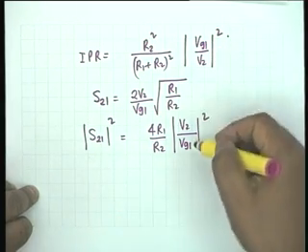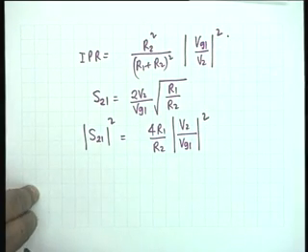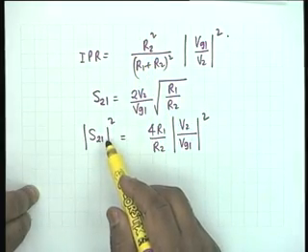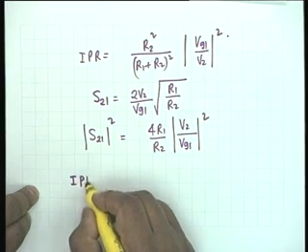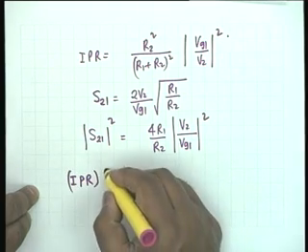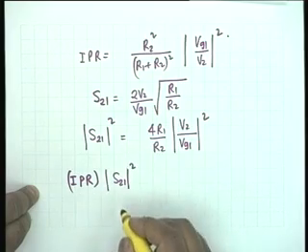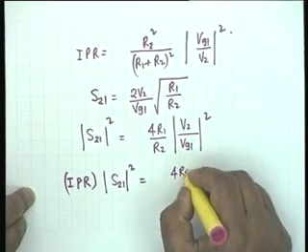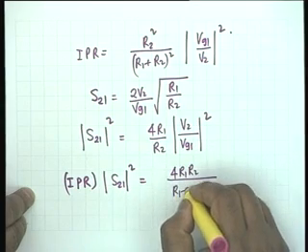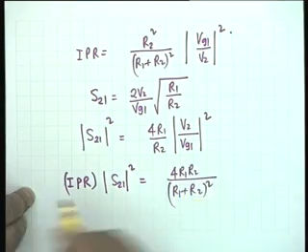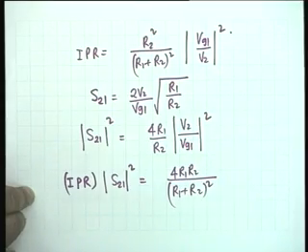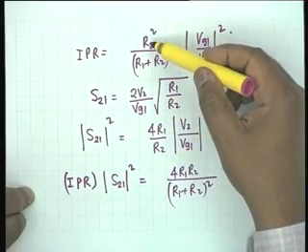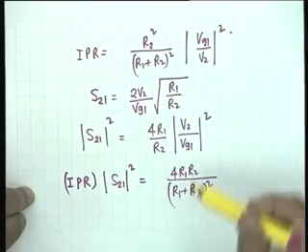And you see that these two, the insertion power ratio and the magnitude squared of S21, are very intimately related to each other. In fact, if we multiply IPR by S21 squared, what do we get? We get 4 R1 R2 divided by R1 plus R2 whole squared. Is that okay? This and this cancel, and by multiplication R2 and R2 cancel, so 4 R1 R2 divided by this.